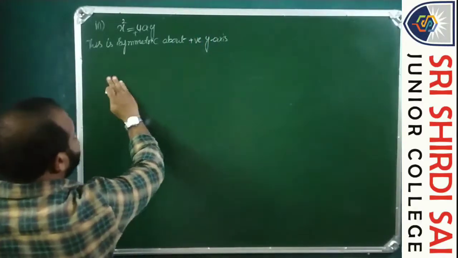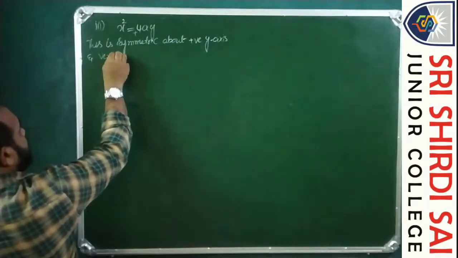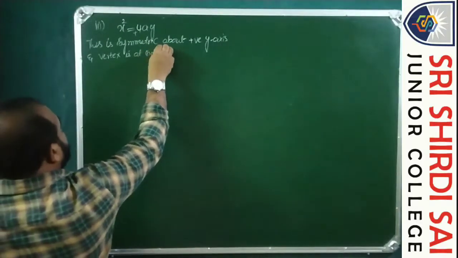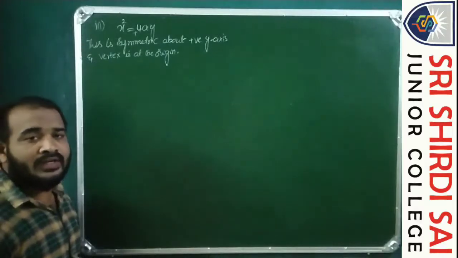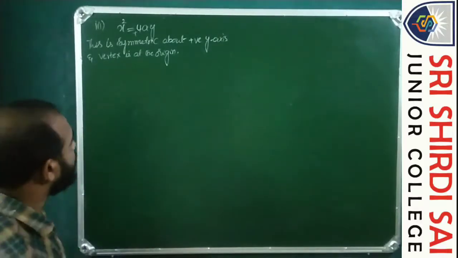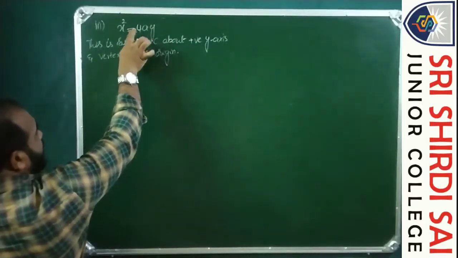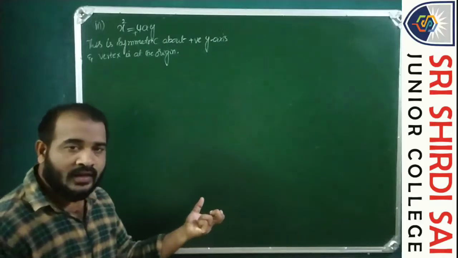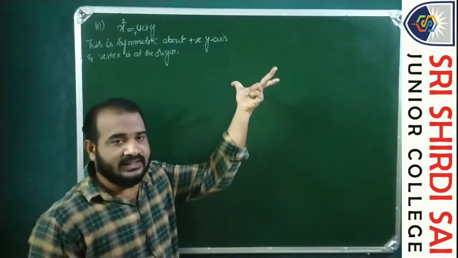The vertex is at the origin. If the vertex is at the origin, only then is the parabola said to be in its standard form. Since it is symmetric about the positive y-axis, it would open on the upper side of the y-axis.